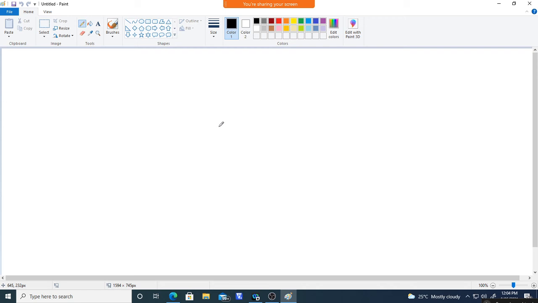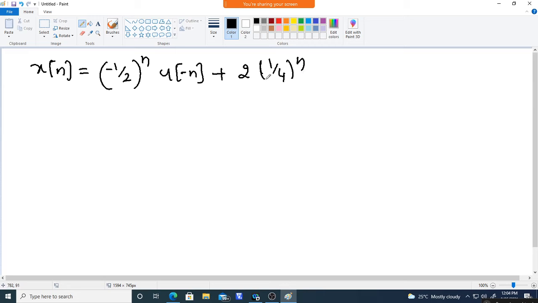Now we'll go to the problem where the ROC is a concentric ring, when it exists between two values, and how to represent it. Take this one: X of n equals minus half power n into u of minus n, plus 2 into 1 by 4 power n into u of n.